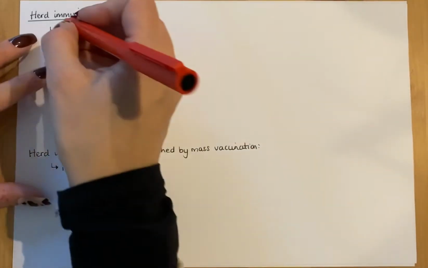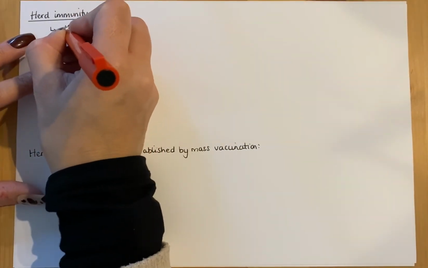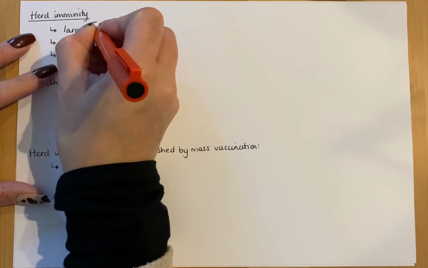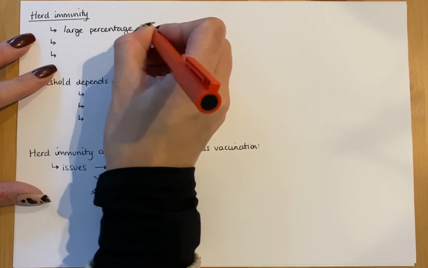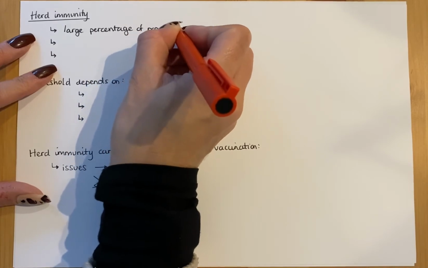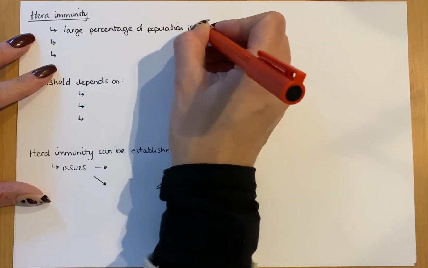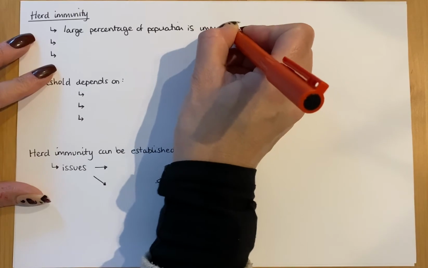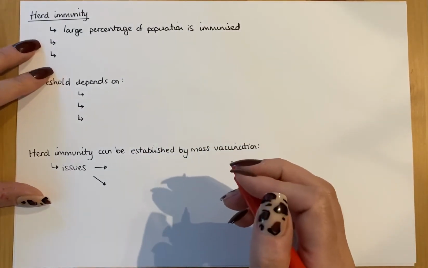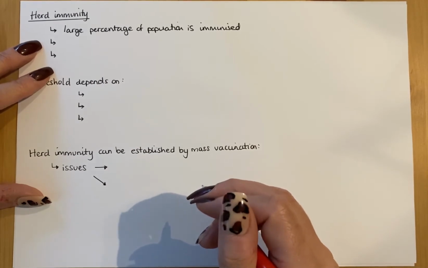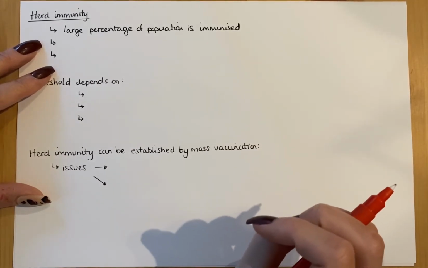So a definition of herd immunity is a large percentage of the population which has been immunised. Now that could be anything from 70 to 80 to 90% depending on the disease.